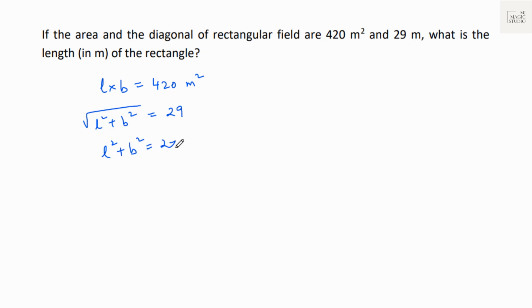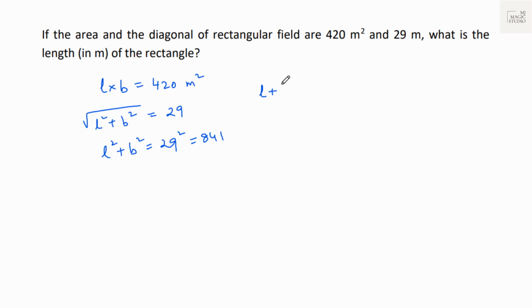So L square plus B square is 29 square, that is 841. What is the length of the rectangle? Length is basically supposed to be the longer side. Normally the basic assumption is length is greater than breadth whenever we are talking about rectangles.